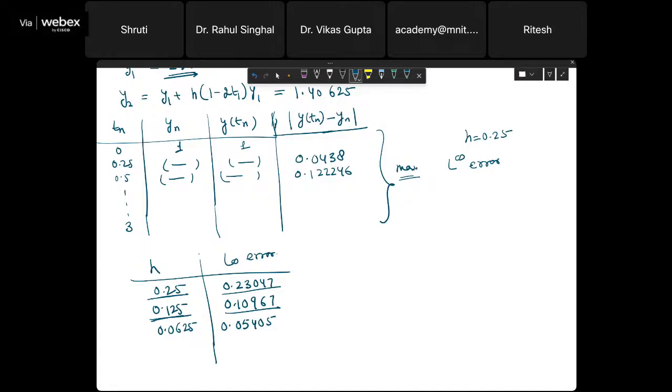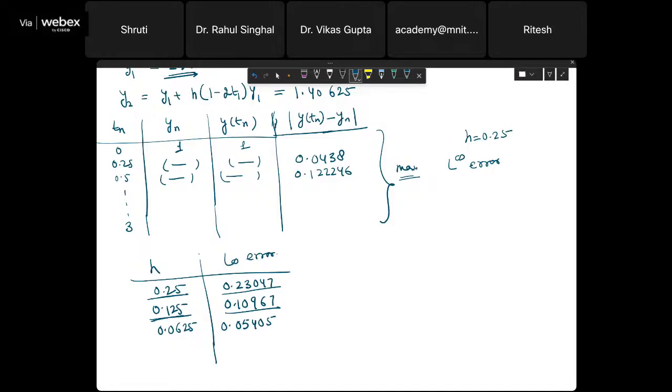But at the same time, we also observe that the error involved in this particular method, known as the Euler method, is not very good. It is just of order 1. So what is the meaning of the order of this error, or truncation error? How do we define that?